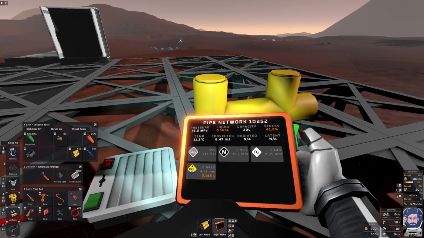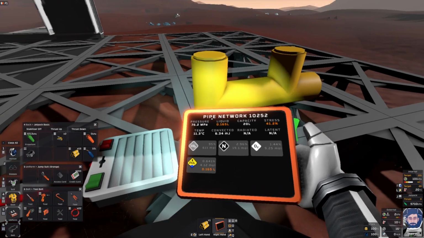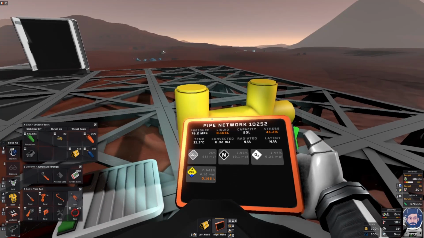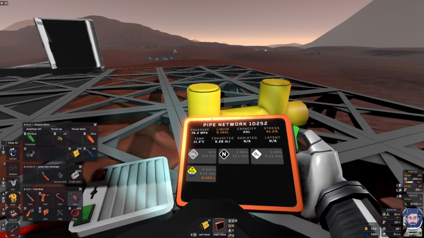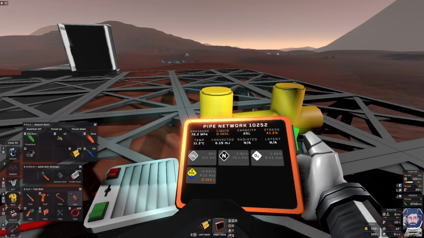Now the pressure is at 76.2. Because we reduced the volume, the pressure in the remaining volume has increased. Essentially, the gas that was in our third segment has been pushed into just these two. The stress has also increased, and these pipes are above their bursting pressure.